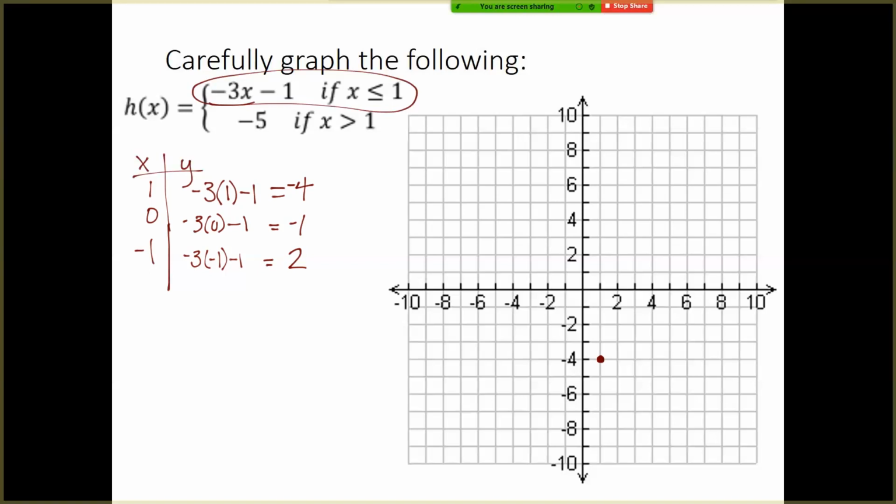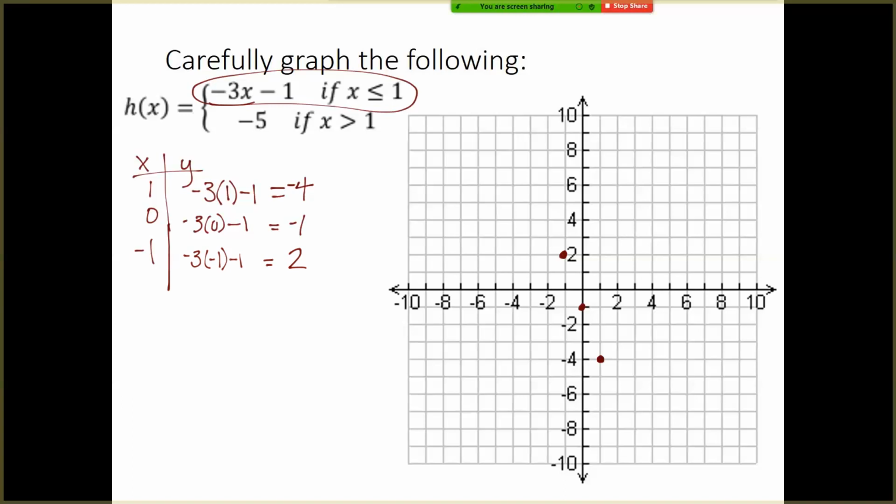Then we're going to go to 0, -1, right here. And then -1, 2, up here. Which way will my arrow go? Down.